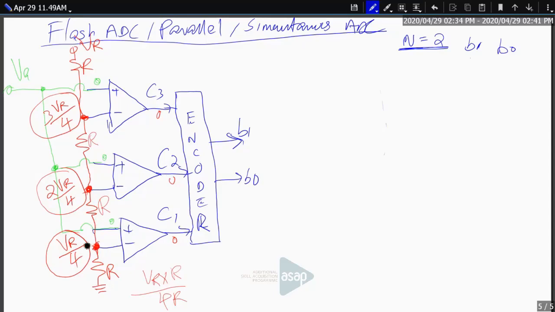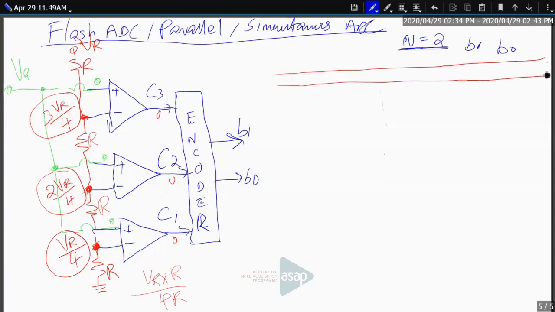Now, the process should be like this. We assume that VA is 0 initially. We are not applying any voltage, or its magnitude is equal to 0. Then at that time, all the plus terminals, or the non-inverting terminals, have a voltage of 0. Here also it will be 0. Here also it will be 0 at the beginning.